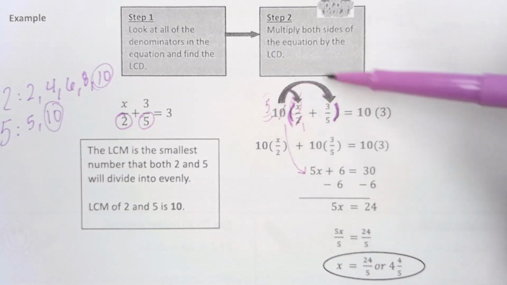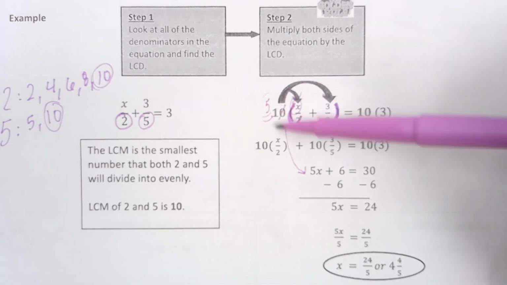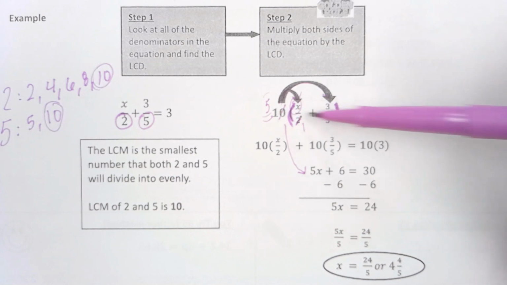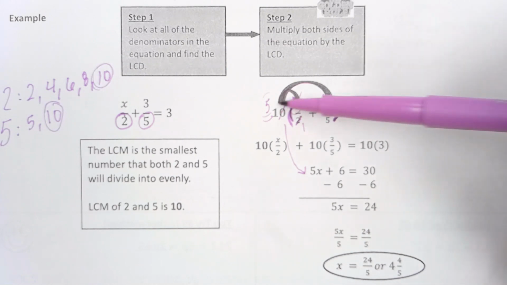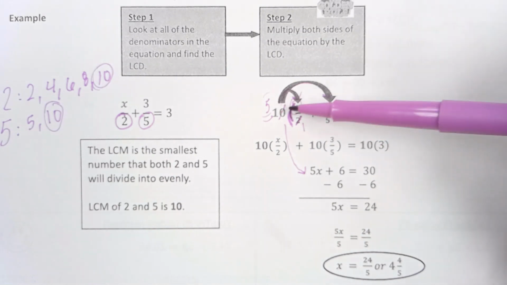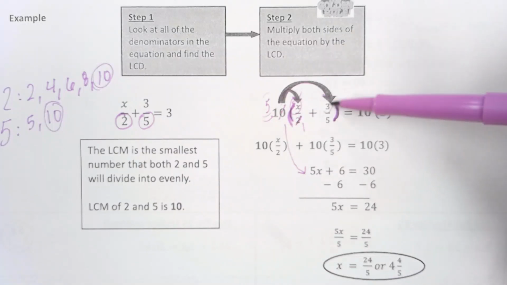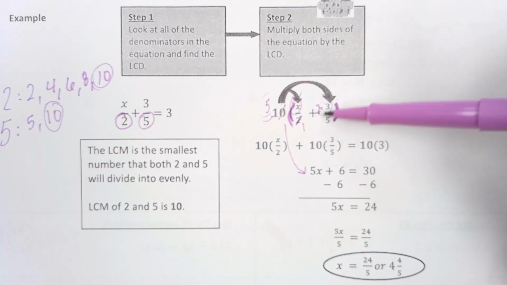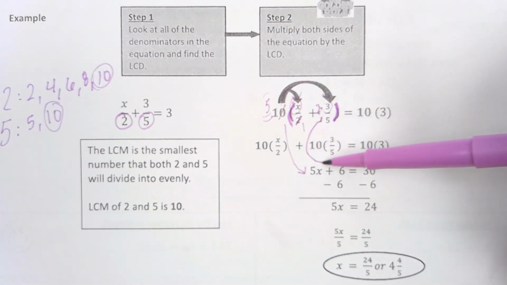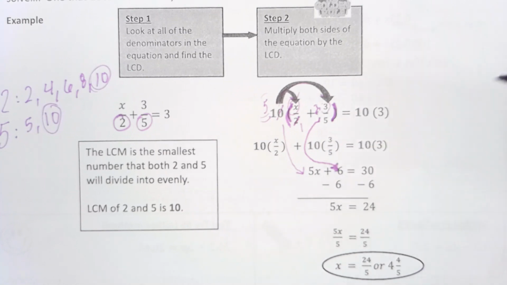If you take 10 times 3/5, again 10 is now in your numerator and 5 is in your denominator, so you can cross reduce. 5 turns into a 1 and 10 turns into a 2. Then you still have a 3 up in the numerator, so you take 2 times 3 and that gives you a 6. And that's how they got the 6 down here, okay?